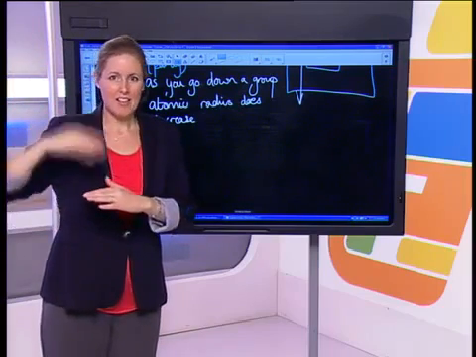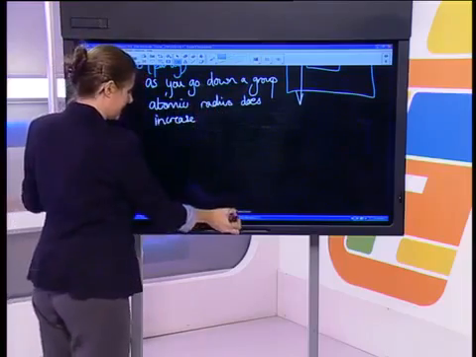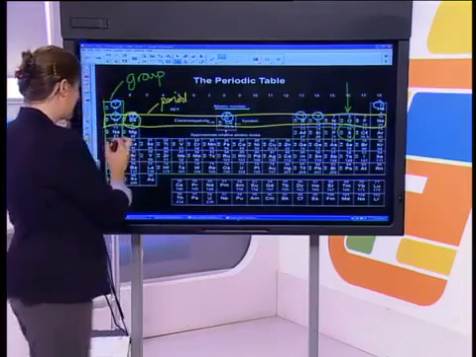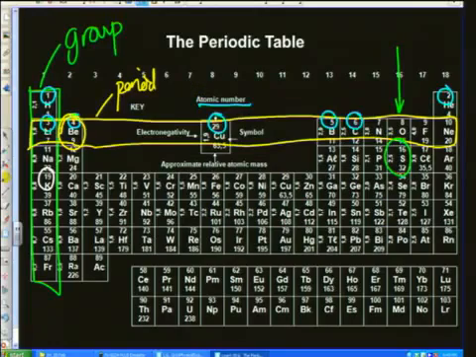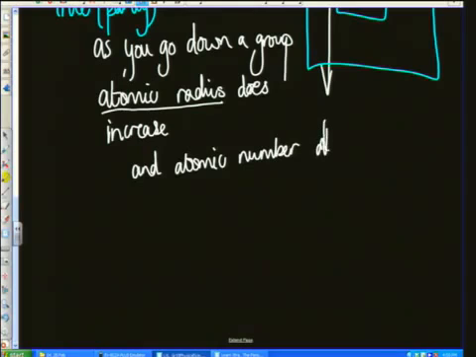Going down, potassium I think is 19. Check it. Potassium, there it is, 19. And so yes, atomic number is increasing and atomic radius is increasing as you go down the group. Atomic radius does increase and atomic number also increases.